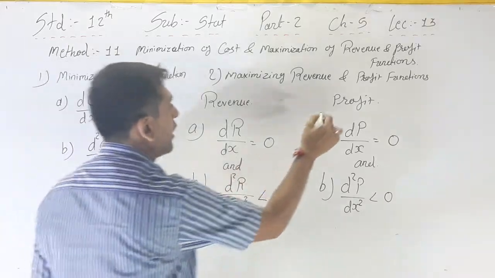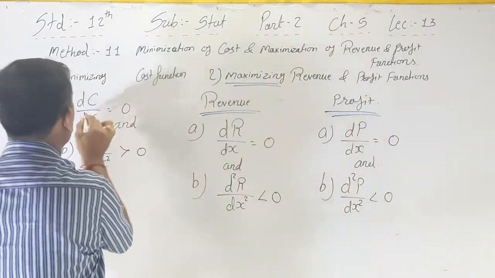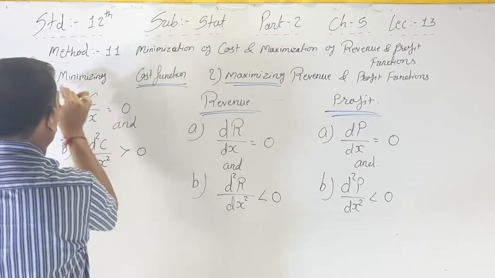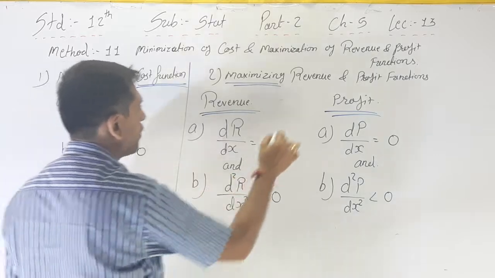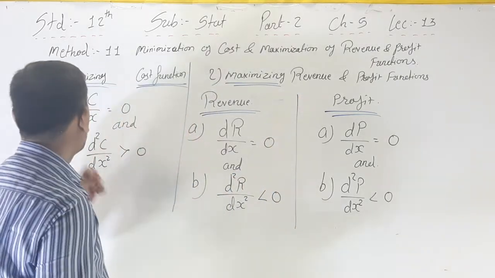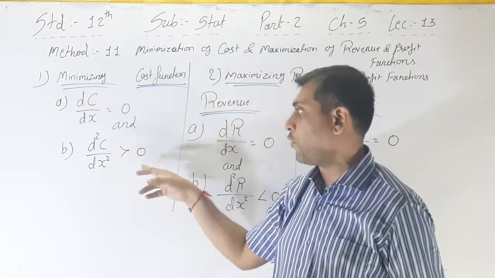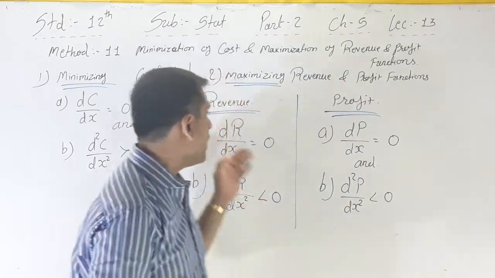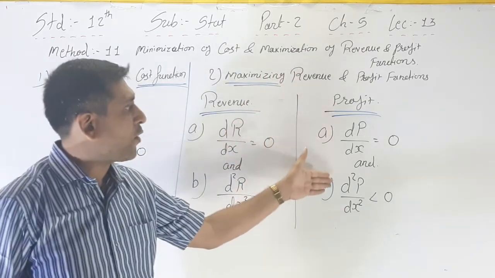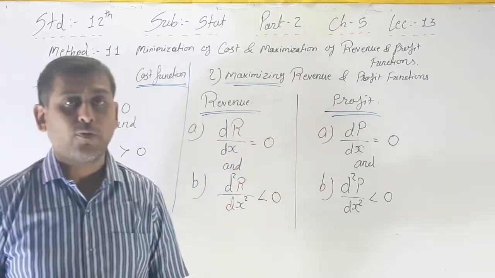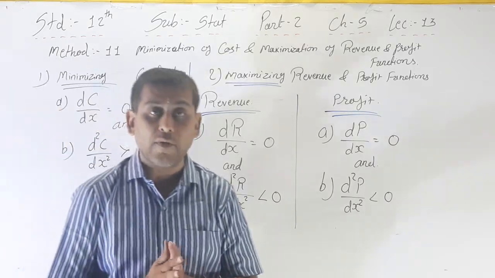So these are the conditions: minimizing a cost function, condition for that; maximizing a revenue function, condition for that; and maximizing a profit function, conditions for that. We have to write this as your method number 11.